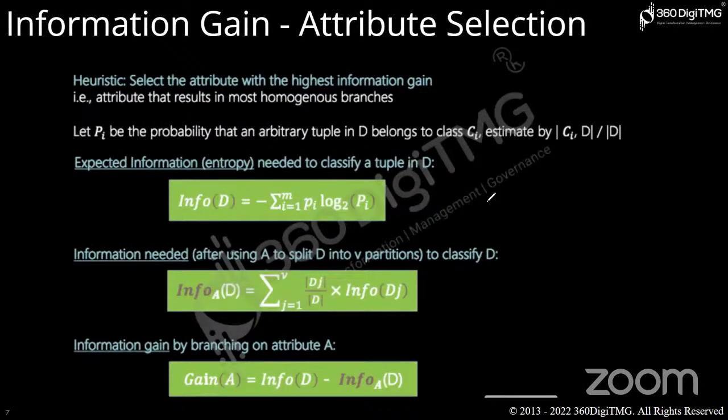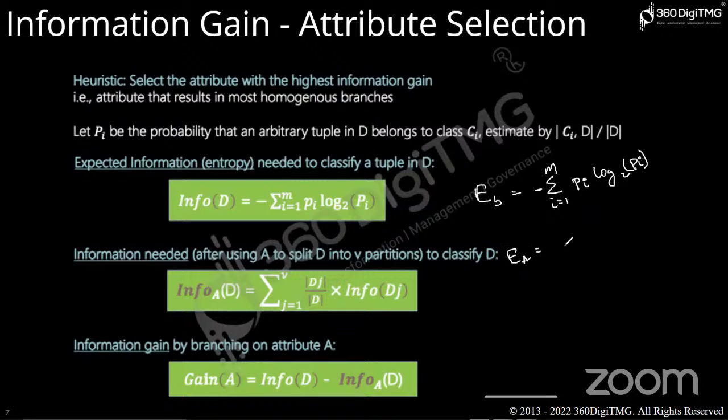Let me give you the short version of this. Entropy before will be the summation of i equals 1 to m, where m is the total number of records and p_i is the probability of a record having a certain category, times log 2 p_i.